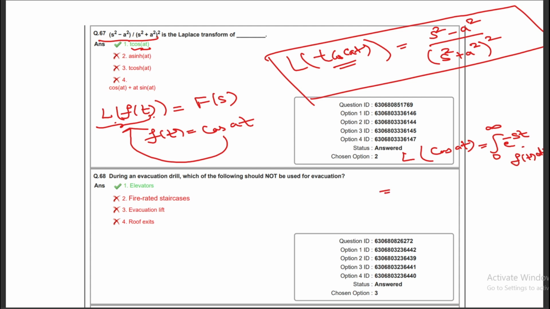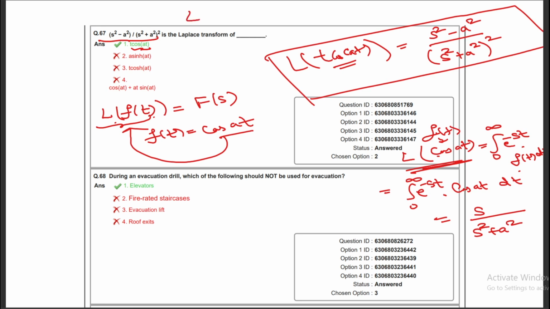So from 0 to infinity e raised to power minus st, the value of f of t function is cos at, so you will take cos at into dt, and when you solve it, at the end you will get the answer s over s square plus a square. So ultimately you will get the value of L of f of t, that is L of cos at, equal to s over s square plus a square.